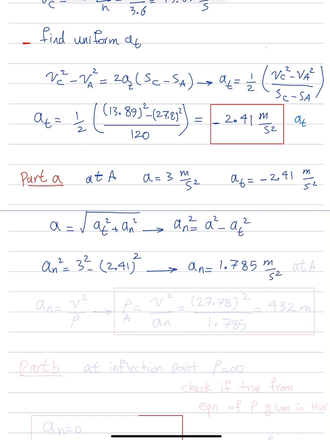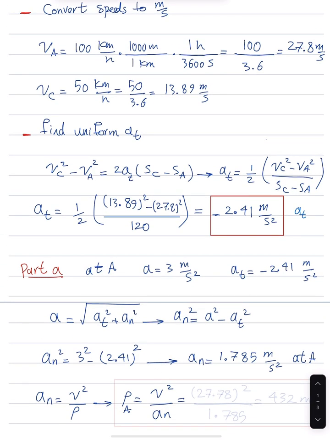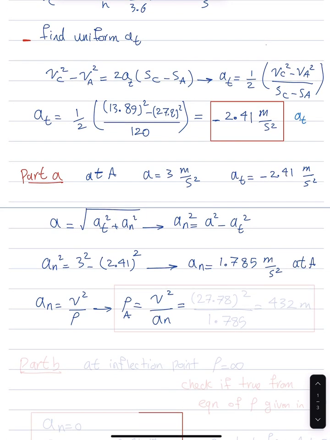Okay? And we know that AN is v squared over rho. So rho at A is v at A squared divided by AN at A. And the v we found up here, it's 27.78.